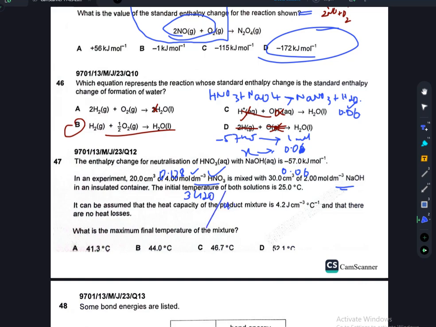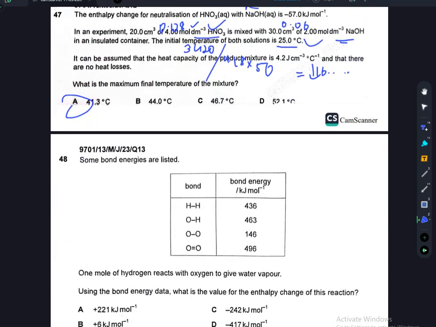You divide this by 4.18 into what is the volume? 20 and 30, it is 50. So this would equal 16 point something, and 25 plus 16 is 41. A is your right answer.